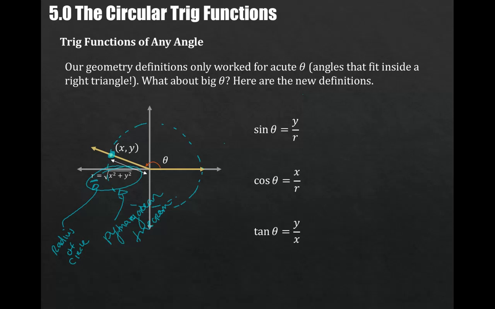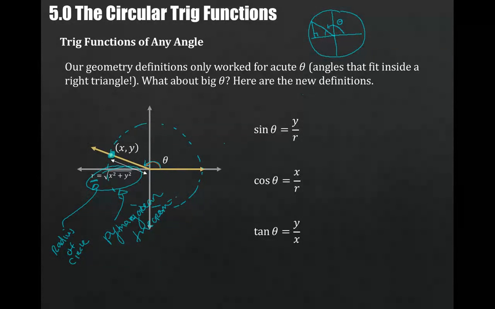So if I want to know what the sine of this angle is, here's theta, I have to do my Y value over the radius. I feel like I need to go back and erase this, but I can't because I have an old version of PowerPoint or something. So this is theta, but remember reference angles?